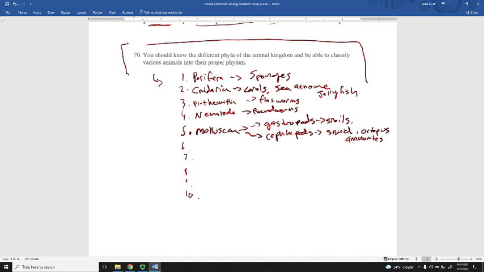Then we have arthropods. Those are things like insects, arachnids, and crabs, crustaceans, a very important group. We also have echinoderms.